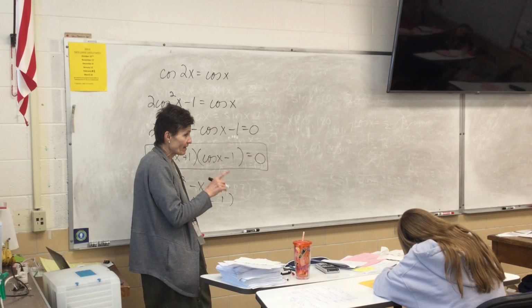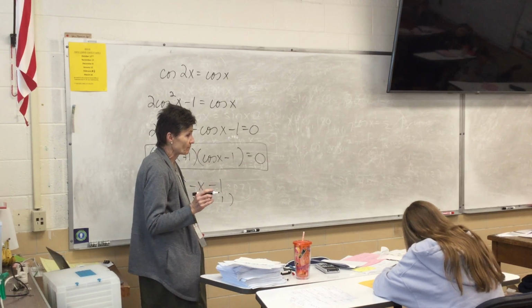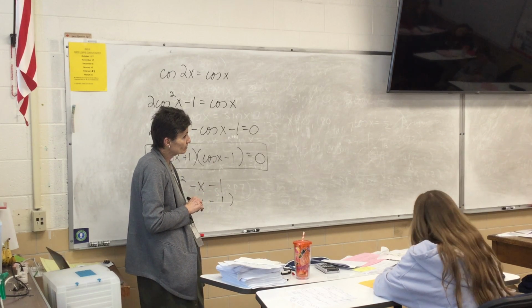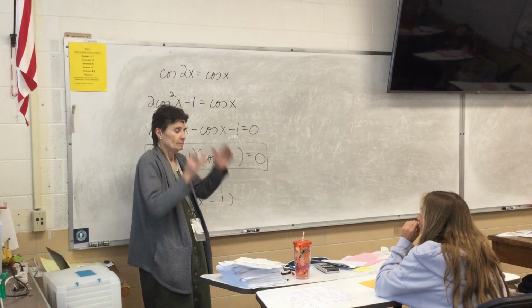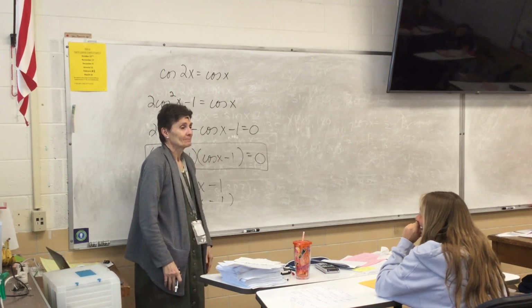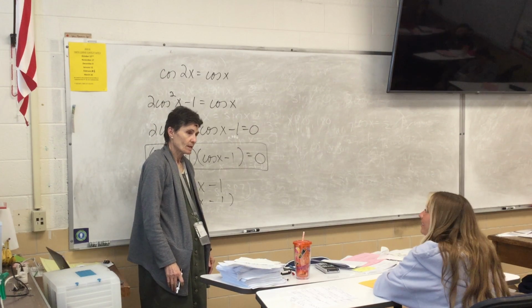Okay, so once we got it factored, in that one all we did was take something out. We just factored out a sine or something. But what did we do right after that? Did you write it down? No. Write down everything, Gavin, okay? Donovan?